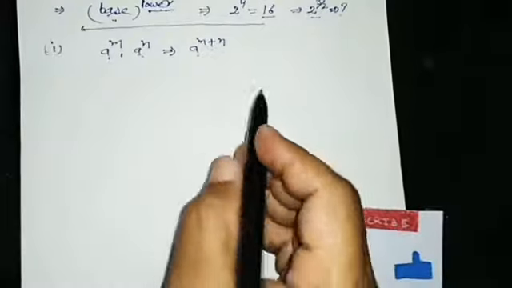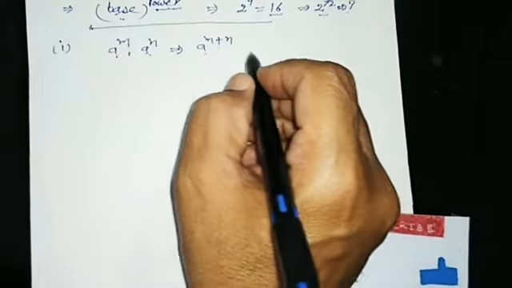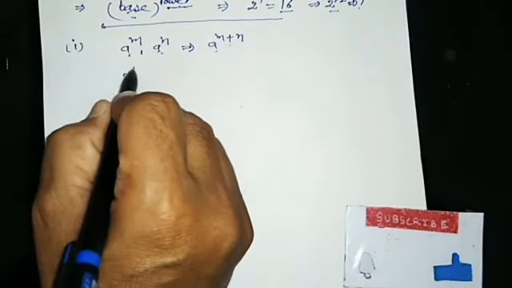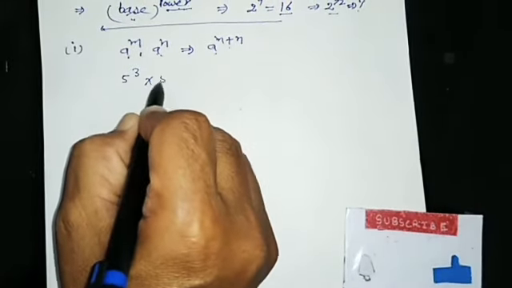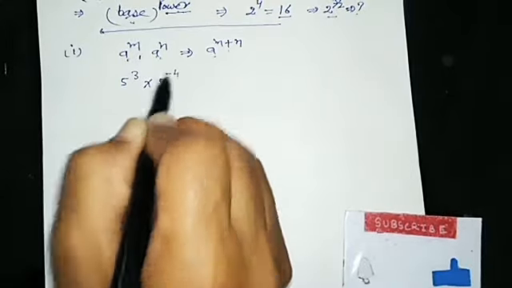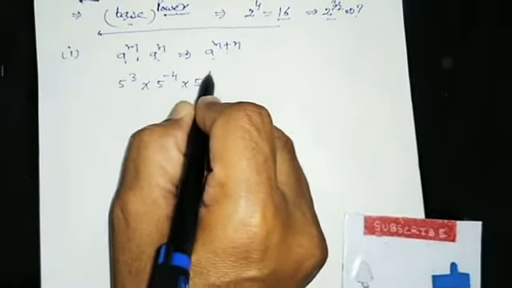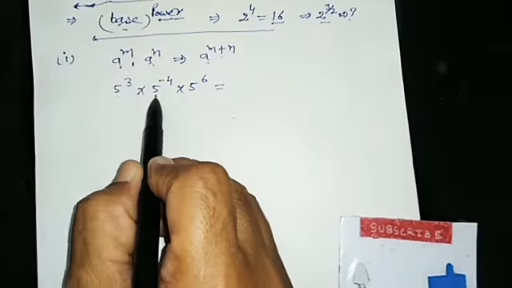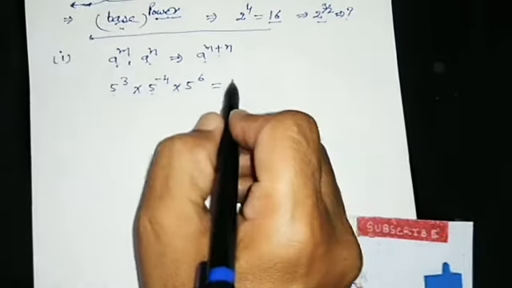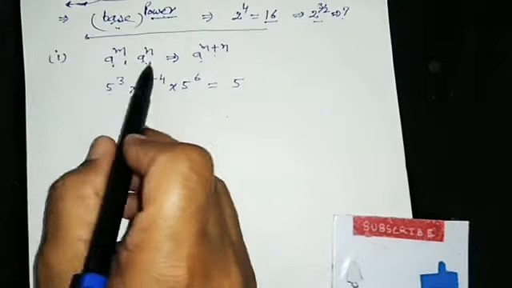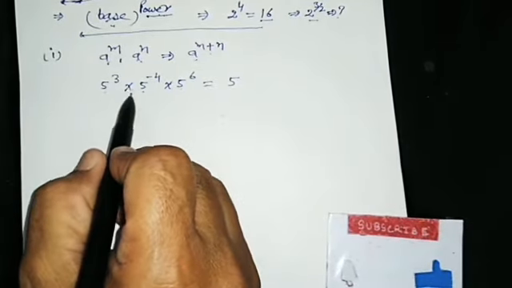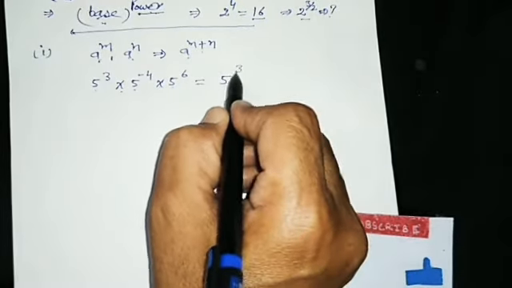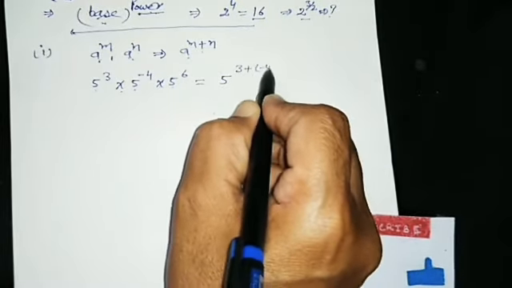We can take an example of this. If you have base 5 power 3, base 5 power 4, base 5 power 6, all the numbers have the same base, that is 5, and according to this law these numbers are in multiplication form, so the powers get added.